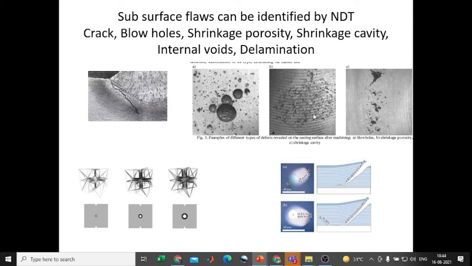After that, shrinkage porosity. Air entrapment escapes, creating these kinds of pores, and this porosity is called shrinkage porosity. In some cases the solidification stops because of higher length and lesser diameter, causing shrinkage.